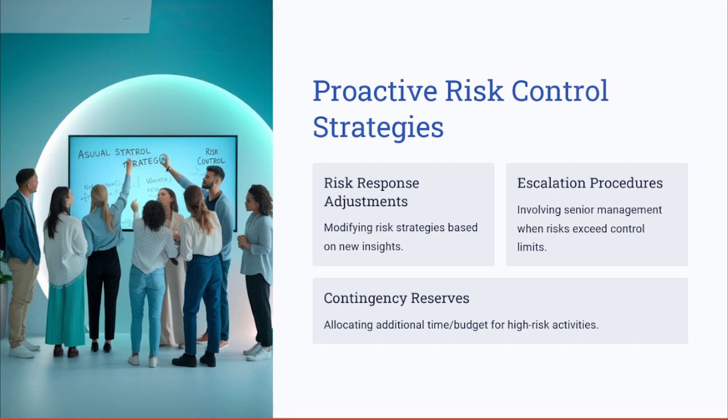So these are the key proactive risk control strategies that you need to keep monitoring closely to ensure that all of these risks are efficiently tracked and monitored to reduce the impact of project disruptions.